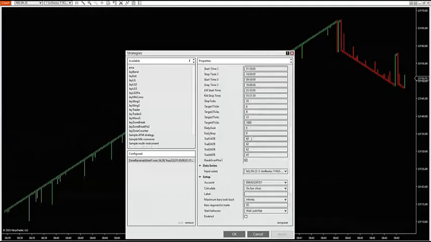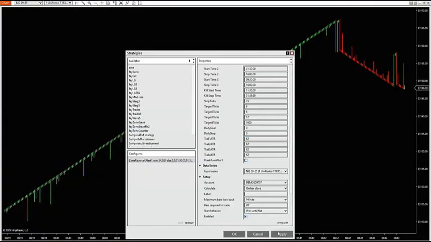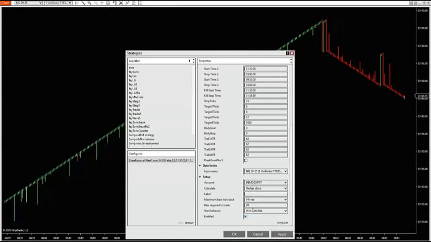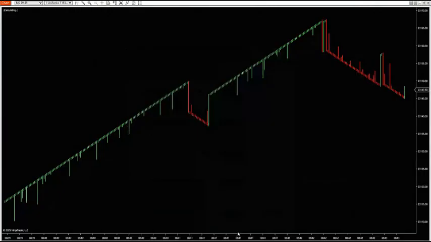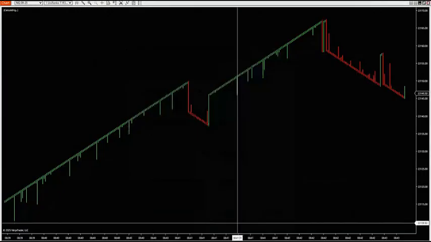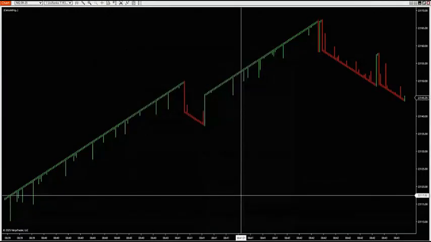If you want a tight trail, you can put this down to 15, 14, what have you. You can change all your targets, your hard stop, etc. You can change all this stuff in here. You can go break even plus 1, or take that off and just look for the trail to get you out of the market.